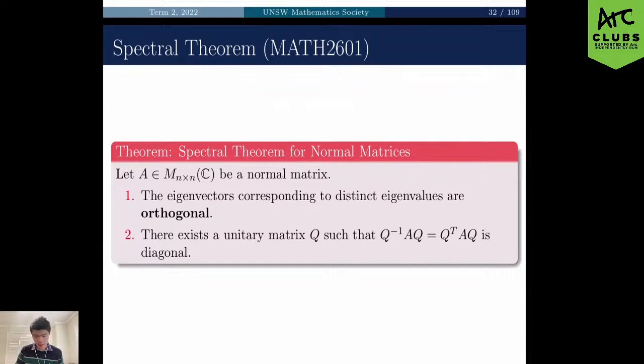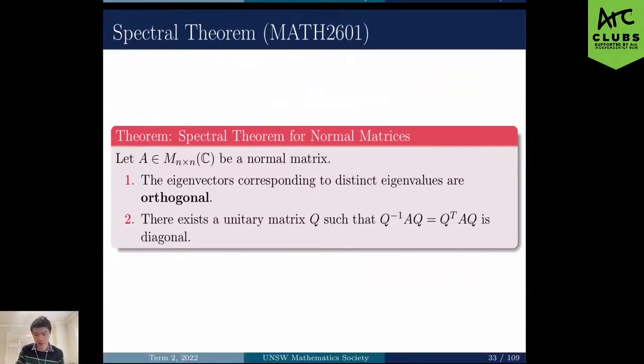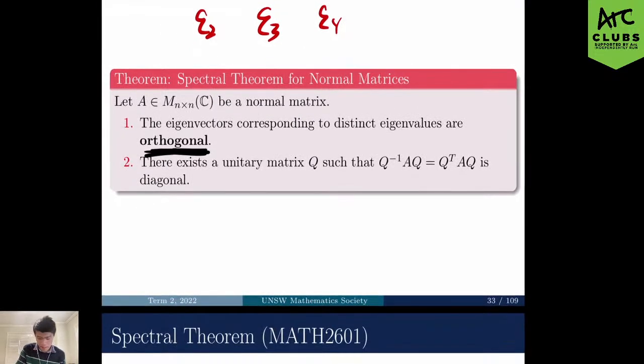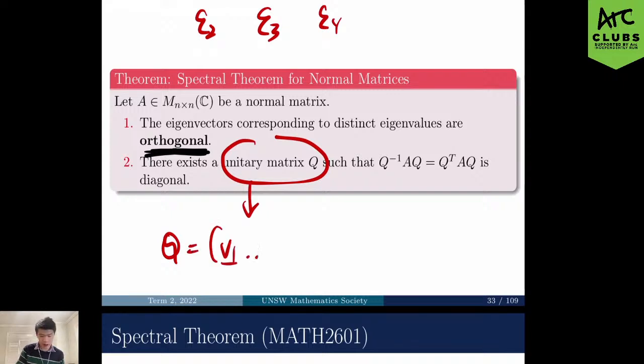The eigenvectors corresponding to distinct eigenvalues are going to be orthogonal, right? So if you take separate eigenspaces, they'll have different eigenvectors that are going to be orthogonal to each other. And that means that there exists a unitary matrix. If you recall, a unitary matrix Q is made up of orthogonal eigenvectors, right?